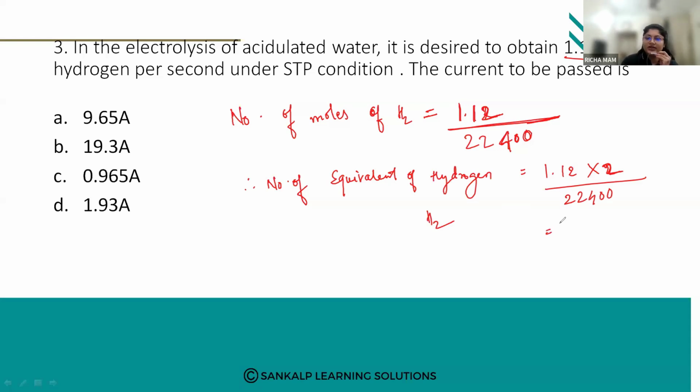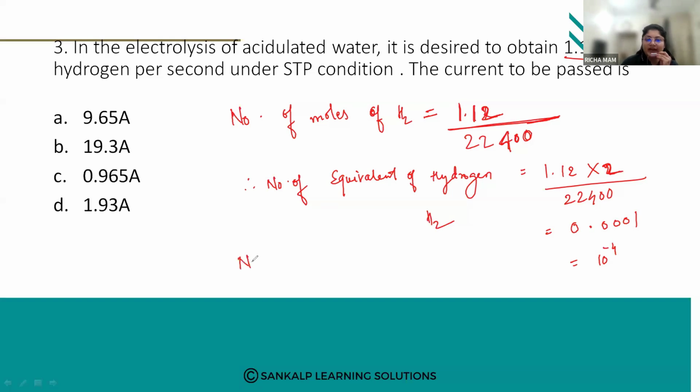Just see how much you will get. 1.12 into 2 divided by 22,400. I'm getting 0.0001, that is 10 raised to minus 4.